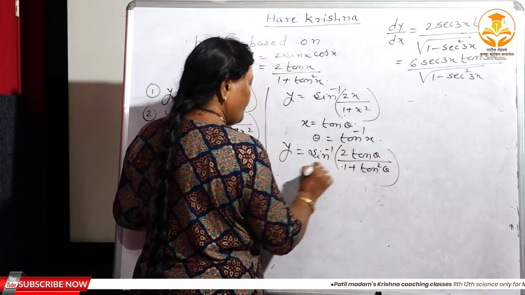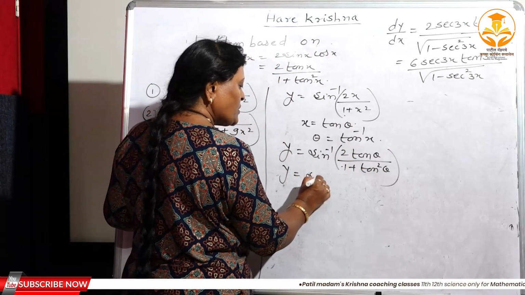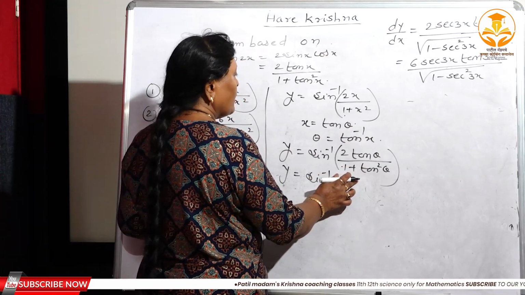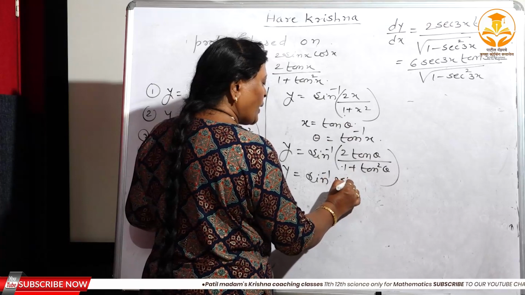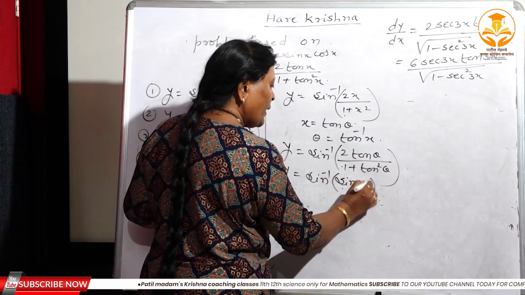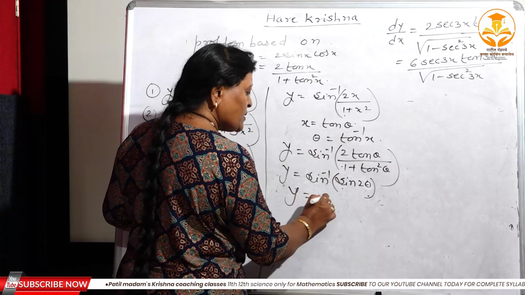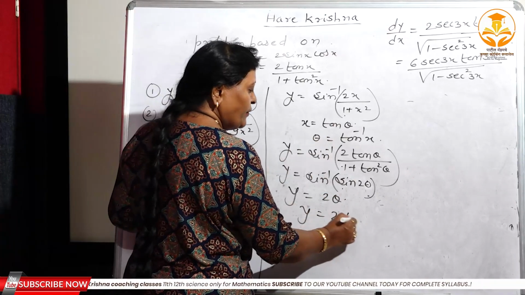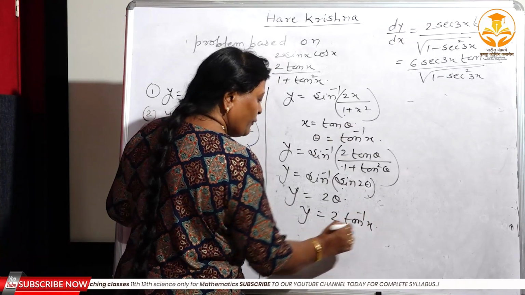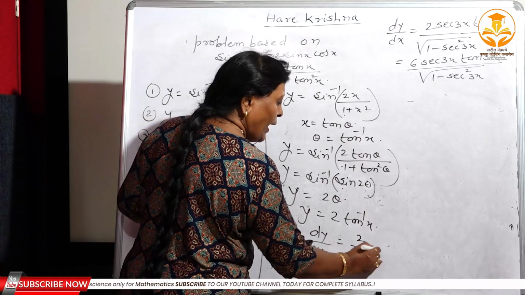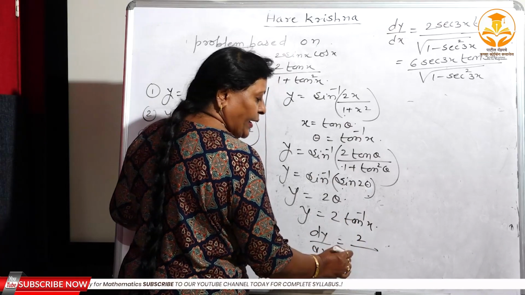This is the formula of sine 2 theta. Again sine inverse and sine get cancelled, so y is equal to 2 theta. What is theta? Tan inverse of x. Therefore what is dy by dx? It is nothing but 2 times the derivative of tan inverse x. And what is the derivative of tan inverse x?